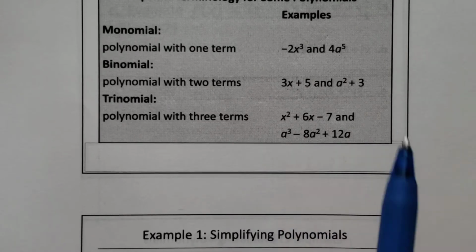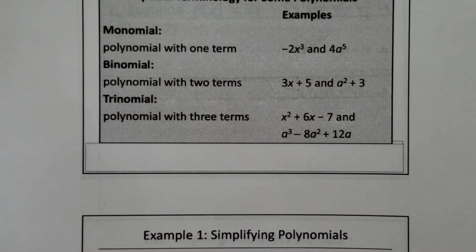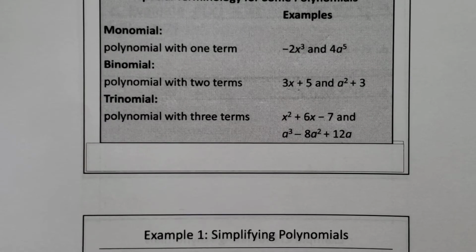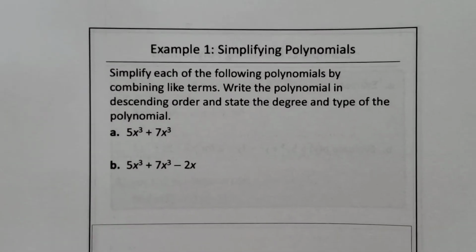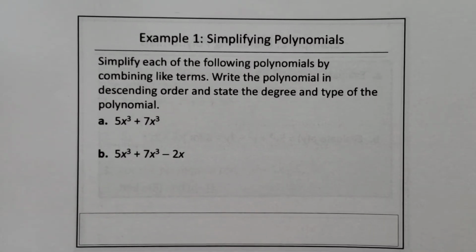This is also a trinomial. Now you can have polynomials with more than 3 terms, but we're not going to go past trinomial. You would just identify it as a polynomial. Okay, so there are terms for those as they get higher, but we're not worried about that.